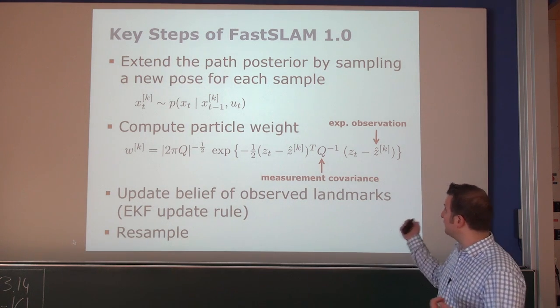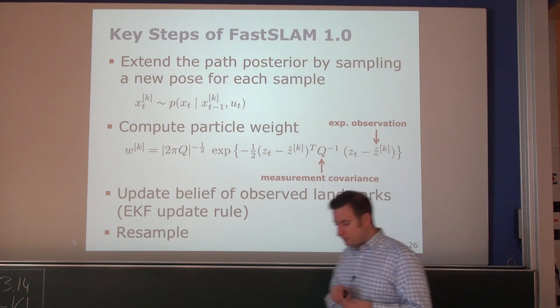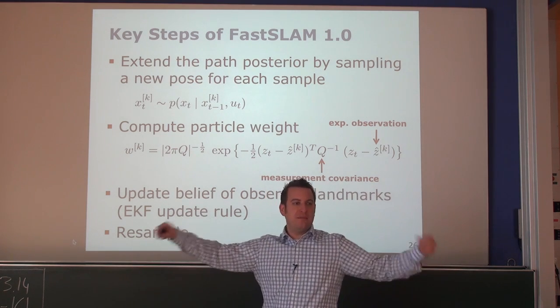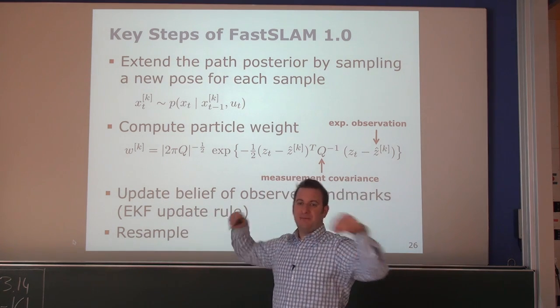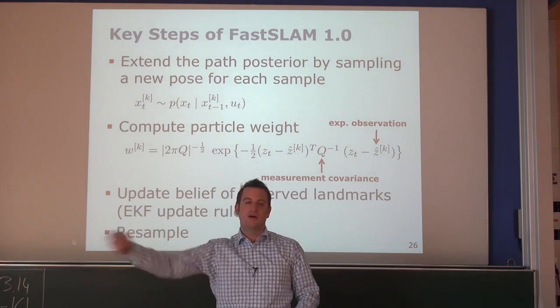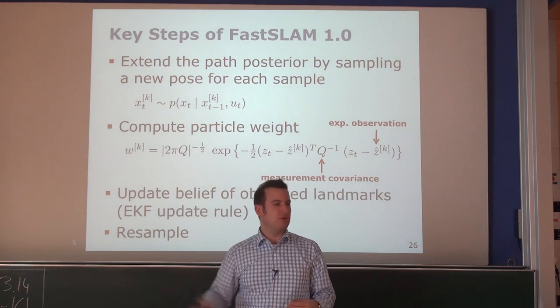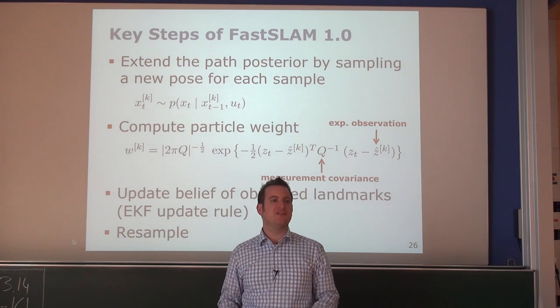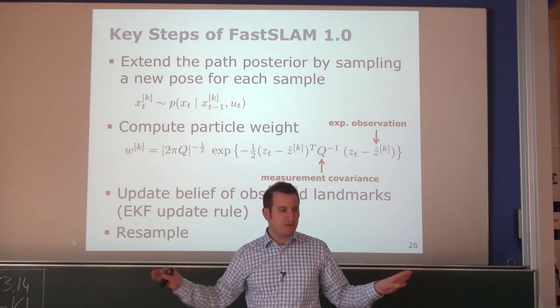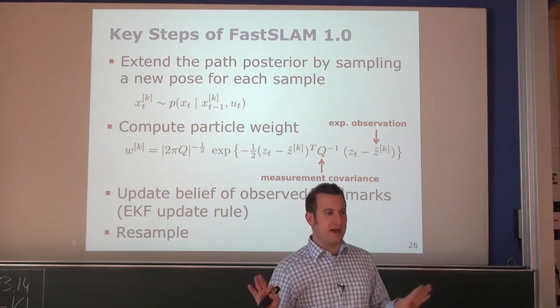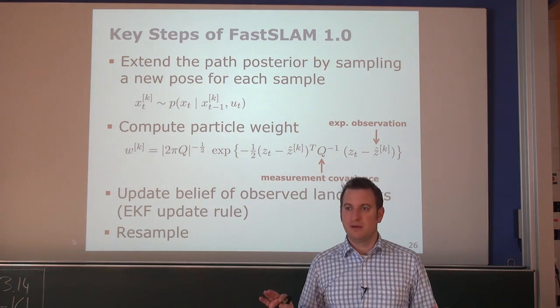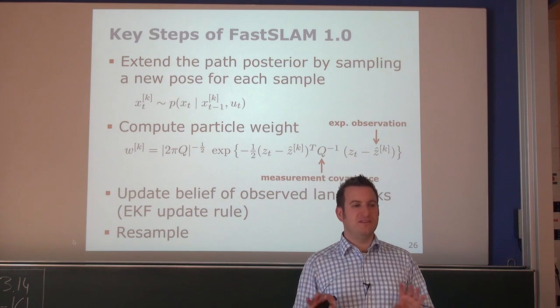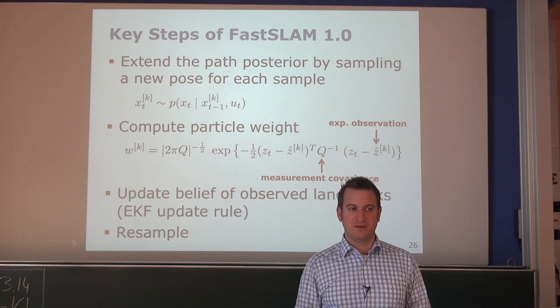It extends the path posterior to the next point in time by taking every sample and, for every sample, drawing the new generation according to the motion model. That's exactly the same as in Monte Carlo localization. So this first step should be clear. Anyone who needs a short recap of how this works?